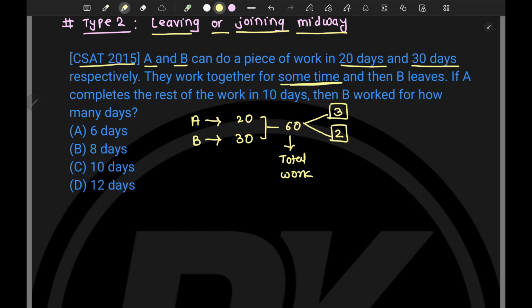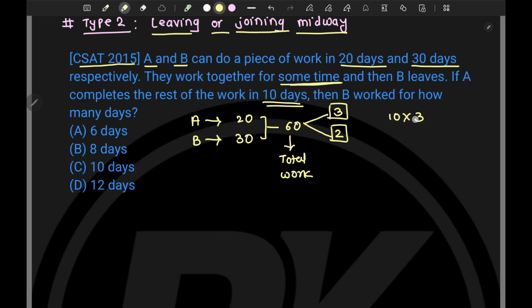Now what is next? If A completes the rest of the work in 10 days, then for how many days did B work? Very interesting, right? So now the remaining work is how much, that we need to find out. In 10 days, now tell me, how much portion of the work can A complete?